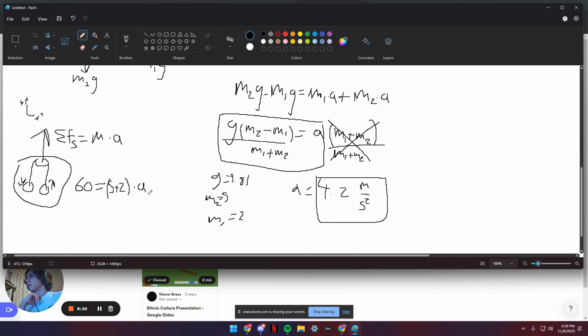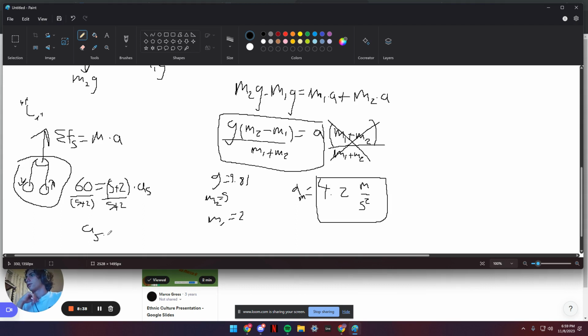Let's isolate the acceleration. Also, let's write a of s and a of m, so as to not get these two accelerations confused. Let's divide both sides by 5 plus 2.